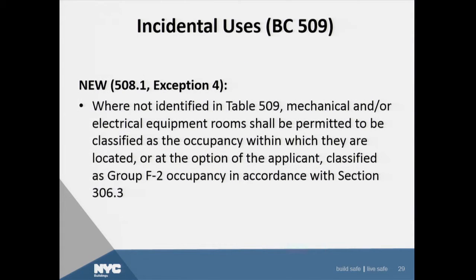Now, mechanical and electrical rooms can be classified as the occupancy for the building. So if it's an office building and you have a mechanical room, that can be classified as an office. However, you can also classify them as group F2 occupancy, in accordance with the code. So it can be done either way now.